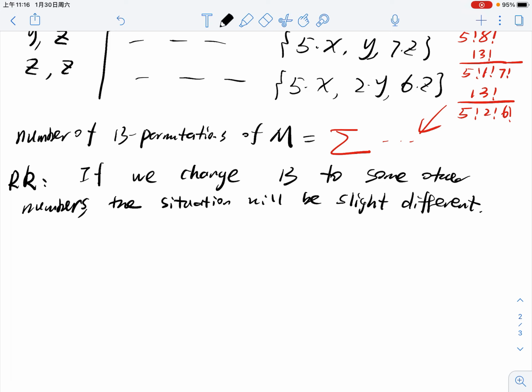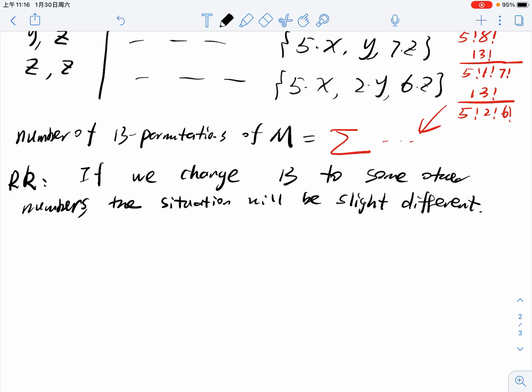But the strategy is the same. First, you choose the elements included in the permutation, and then treat the k-permutation as a full permutation of some subset.